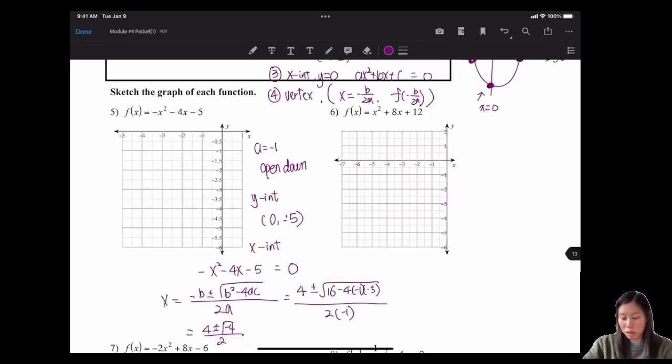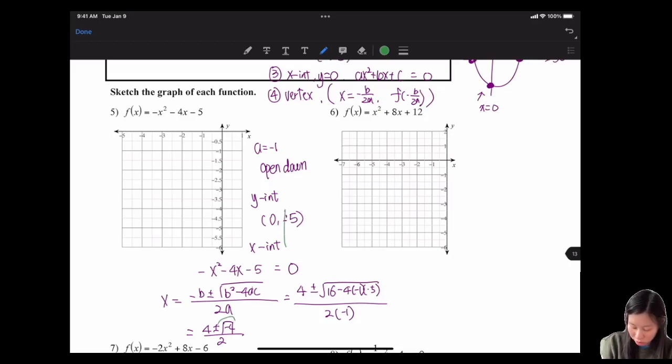So now look at whatever is inside the square root, the radical. So there's a negative number here. We know that if there's a negative number, that means there's no real number solution. Of course, you can write it as square root of 4 times i, the imaginary number.